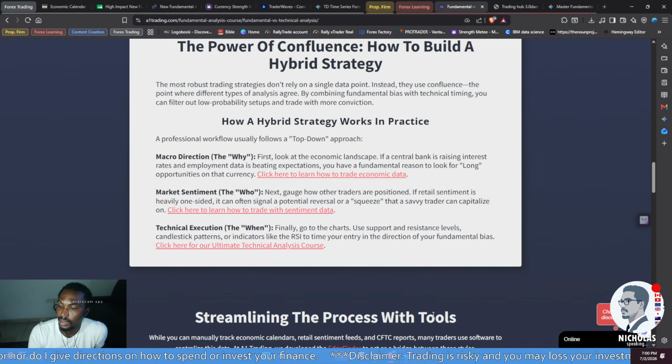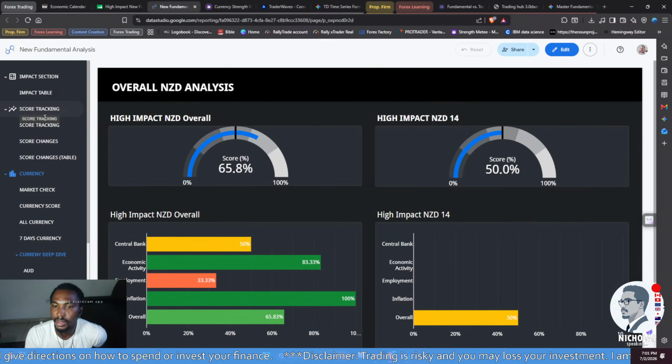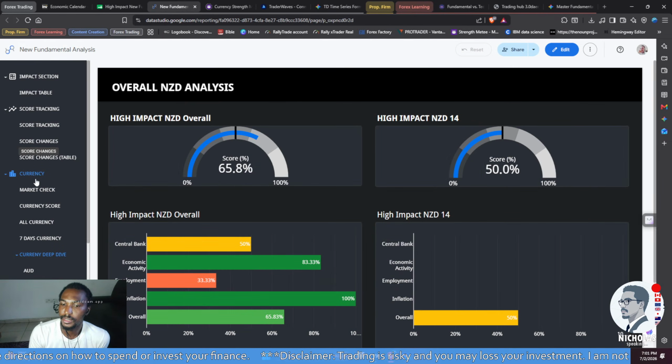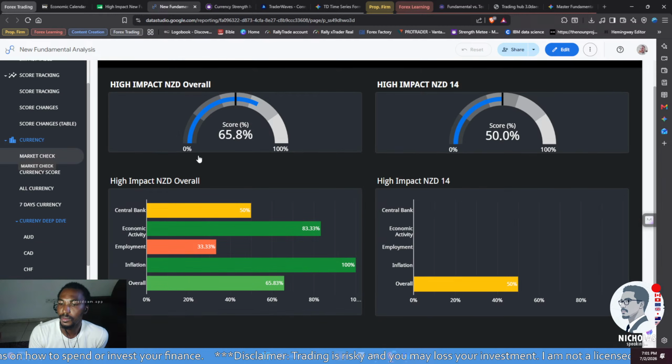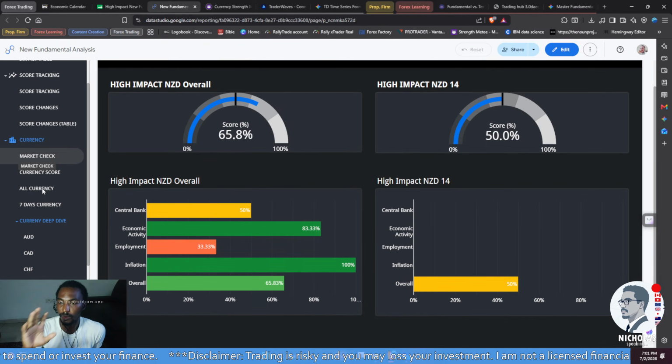Now, this is what I personally have right here. I can monitor every single currency. You can see this is the New Zealand dollar, right? I can check all the fundamental information regarding all currencies.